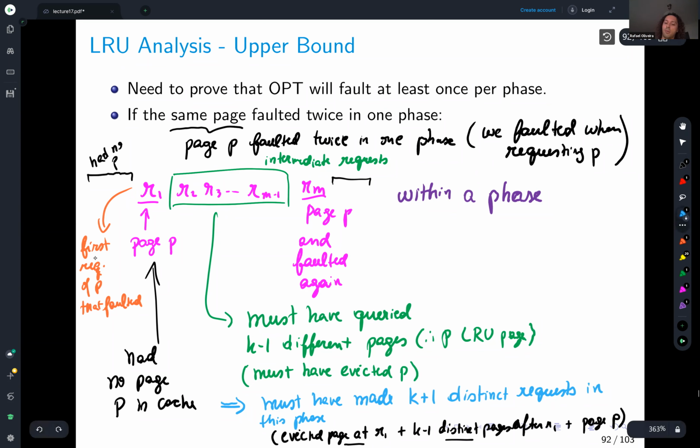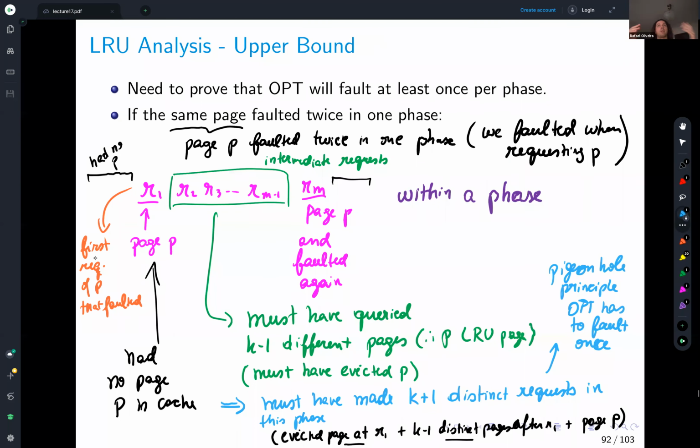So therefore, by the pigeonhole principle, opt has to fault once, right? Because if in any phase I make k plus 1 requests, one of these pages is not in the opt, no matter what the state of the opt was in the beginning of the phase. Does that make sense?